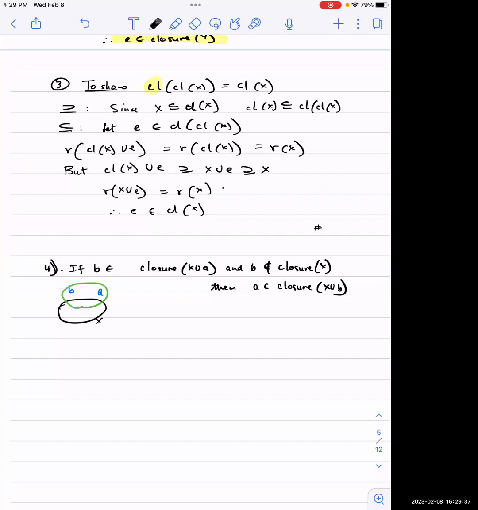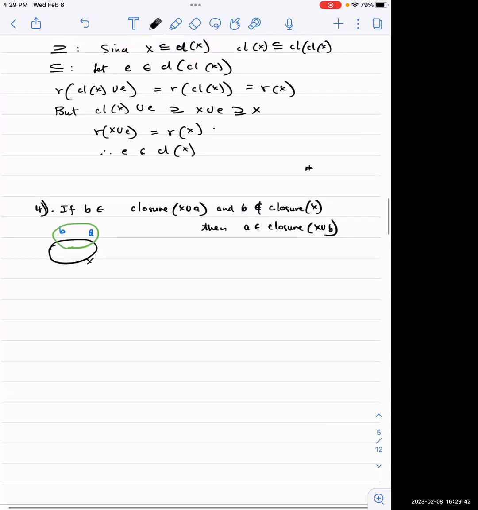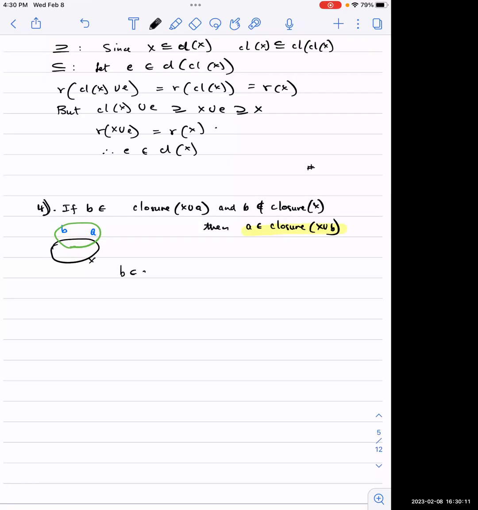We're down in the weeds here. We will come up for air in a moment. So B is in the closure of X union A, and B is not in the closure of just X. So we want to show this: A is in the closure of X union B. Well, B is in the closure of X union A. What does that mean?